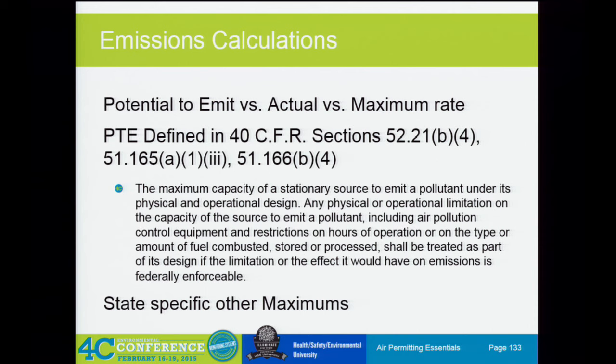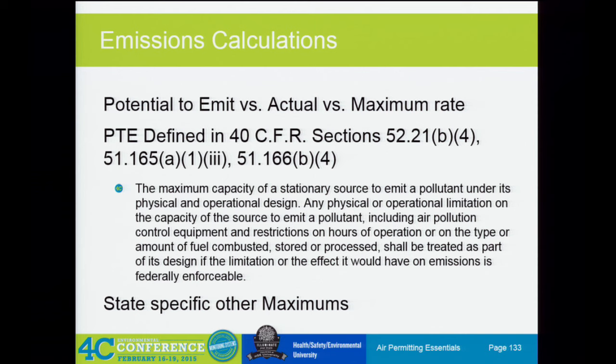Typically with a flare, you can have supplemental fuel gas going to that flare. By putting an operational limitation on how much you're feeding it, that would be a limit that establishes your PTE lower for your combustion products from your flare.